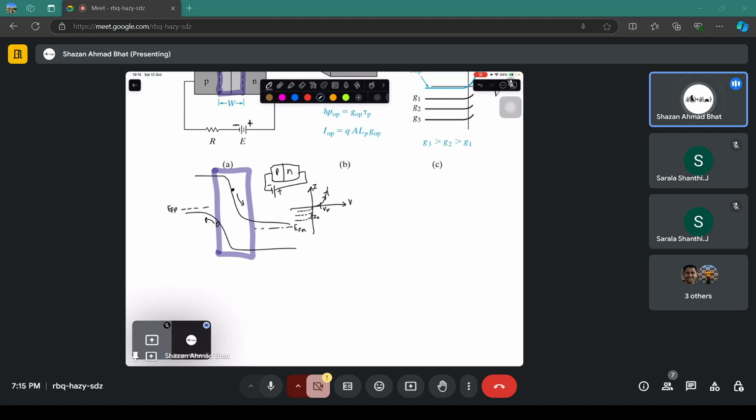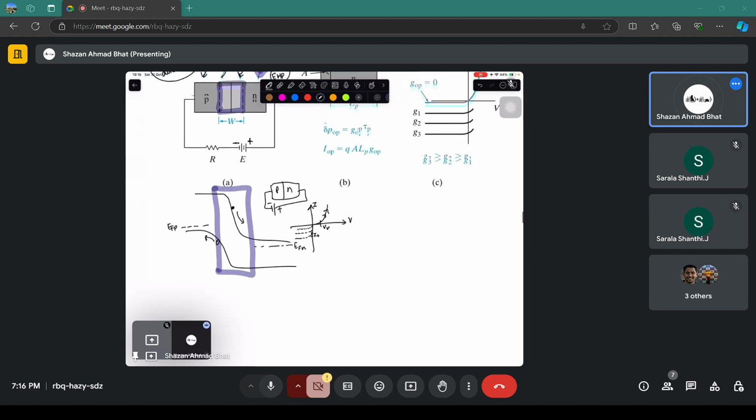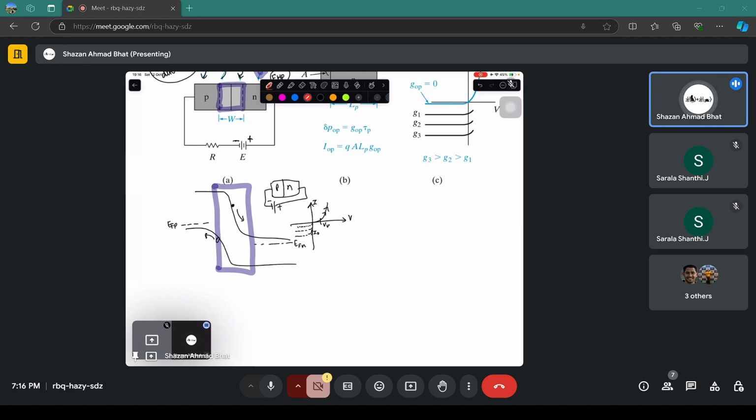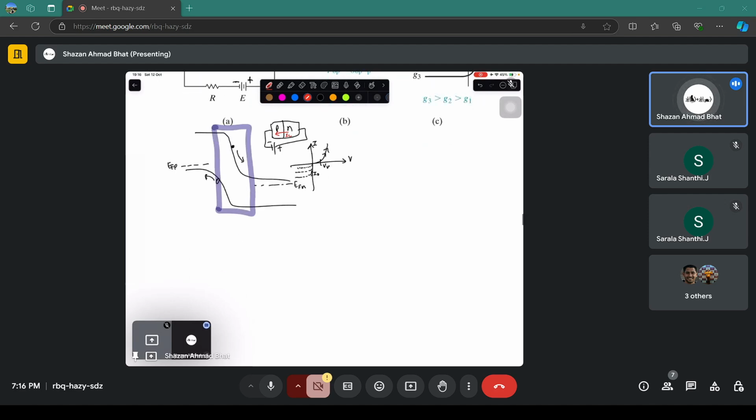So overall, now you have the equation of the overall current. The current because of the light will be flowing in this direction. The total current will be given by this particular thing plus the diode current equation.